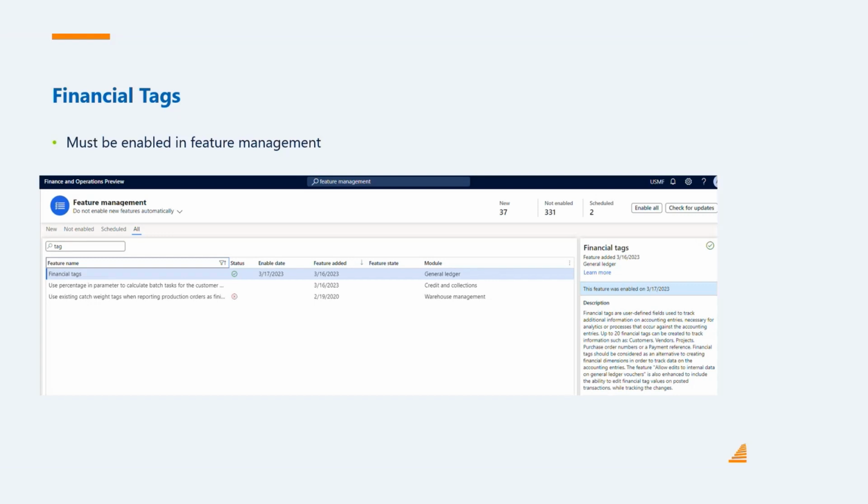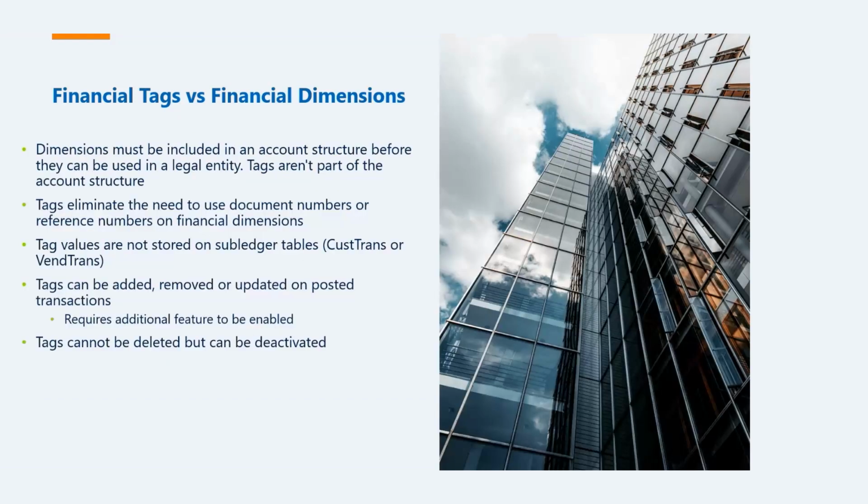So it's quite simple to find it. Once you find it, you just enable it, and all of the new functionality will be visible to you. So all of the forms, they will be there. If you don't enable it, you will not see those menu items and so on. So this is an essential part of configuration.